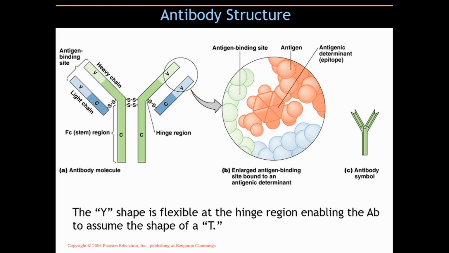Well, there are two heavy chains, as you can see in the picture on the left, where the greenish colored longer chains of the antibody are called the heavy chains. And then you have what are called, colored blue, the light chains.